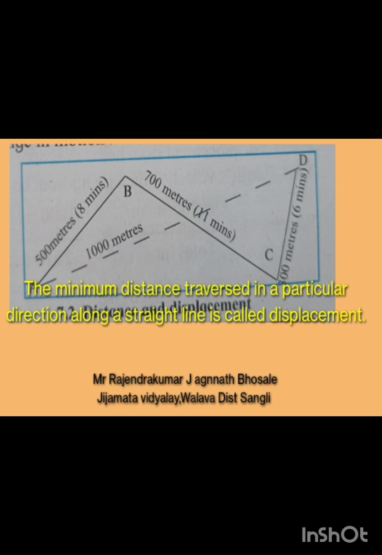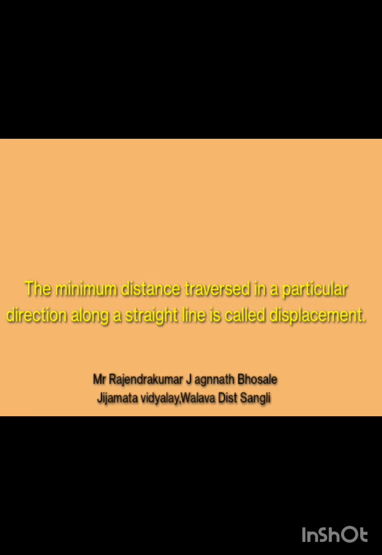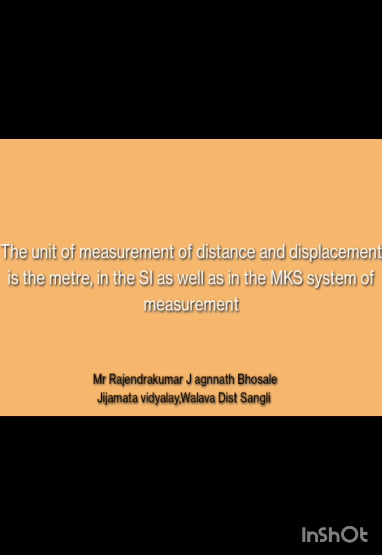Please decide what the definition of displacement is. The unit of measurement of distance and displacement is the meter in the SI as well as the MKS system of measurement. There are two types of quantities, vector quantity and scalar quantity.